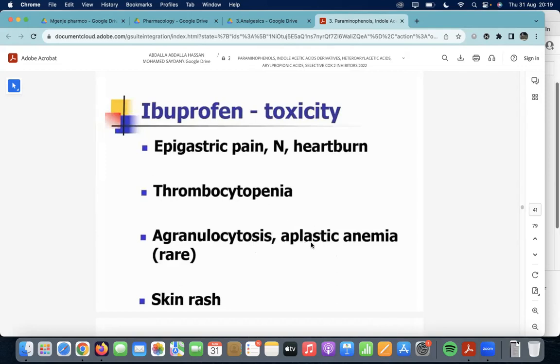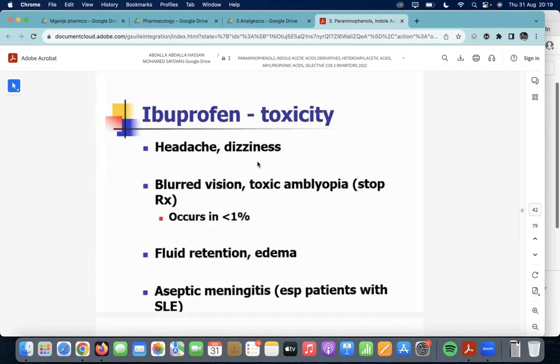Notice how both ibuprofen and indomethacin have aplastic anemia and thrombocytopenia. It also causes a headache, same as indomethacin, and dizziness, same as indomethacin. Blurred vision, toxic amblyopia.